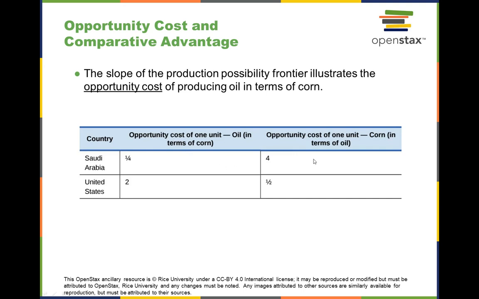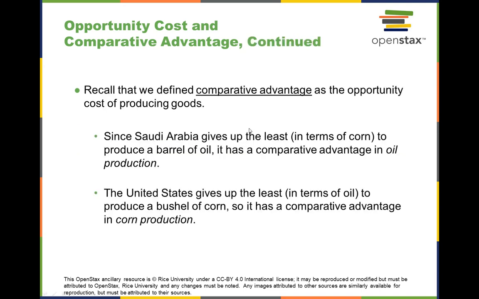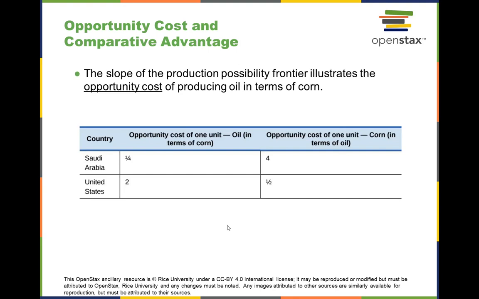And the United States has the lowest cost of producing corn in terms of oil. Their cost is only 1/2, but Saudi Arabia's is 4. The United States gives up the least in terms of oil to produce a bushel of corn, so it has the comparative advantage in corn production.